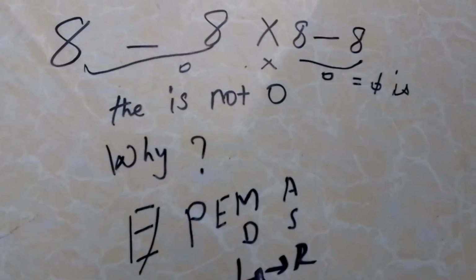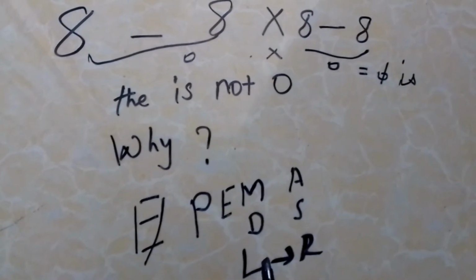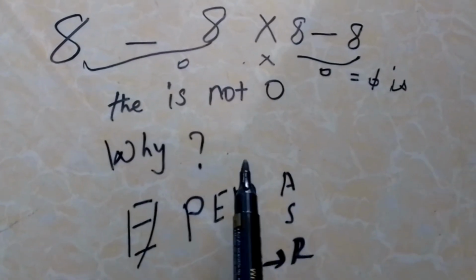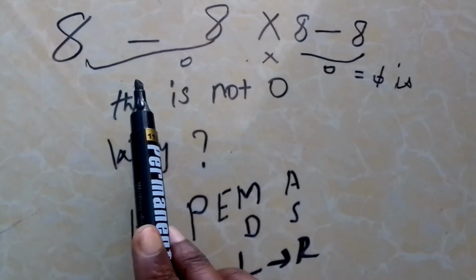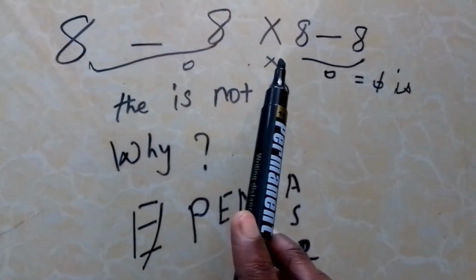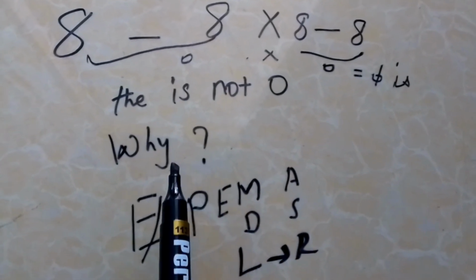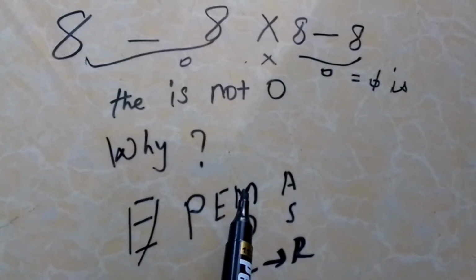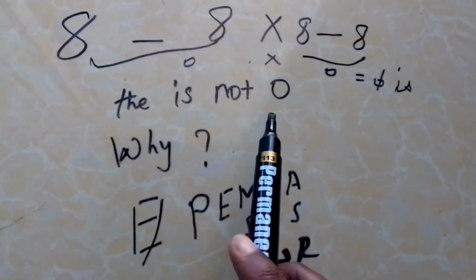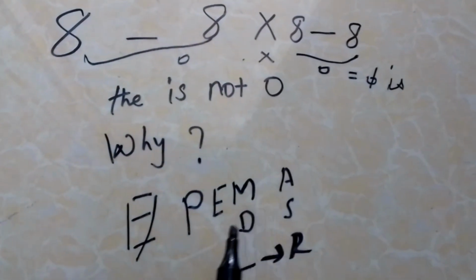So using this, when we find a solution for 8 minus 8 times 8 minus 8, as I have told you earlier, we start from multiplication or division. That means we first multiply 8 by 8.